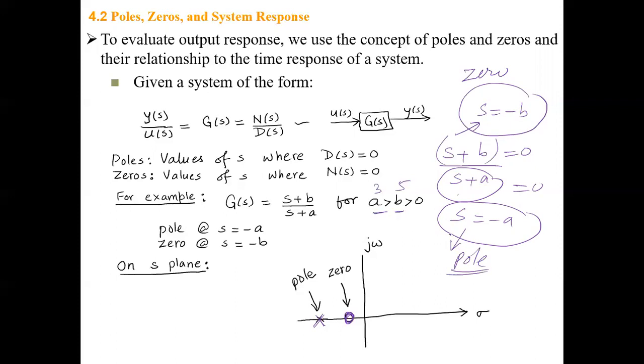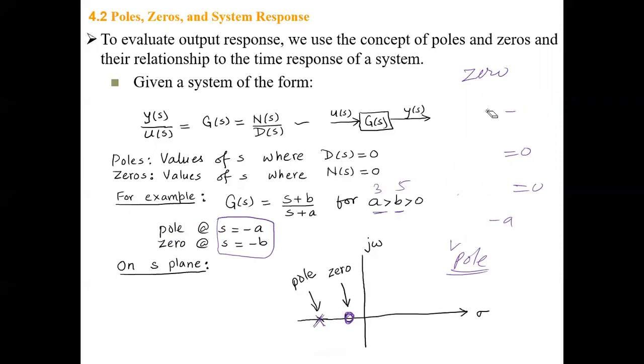So how do you represent this in the s space? You have two values of s here: s equals minus a and s equals minus b. How do you represent that in the s domain? So what is the s domain? In the s domain, s equals sigma plus j omega.